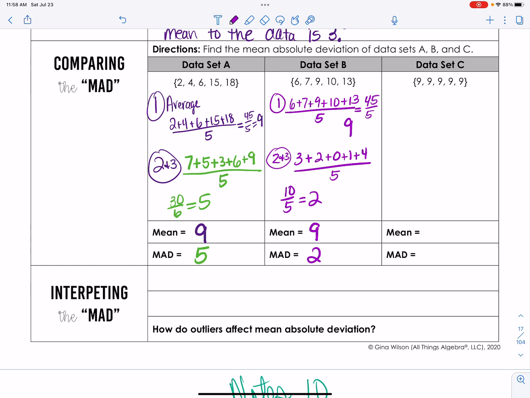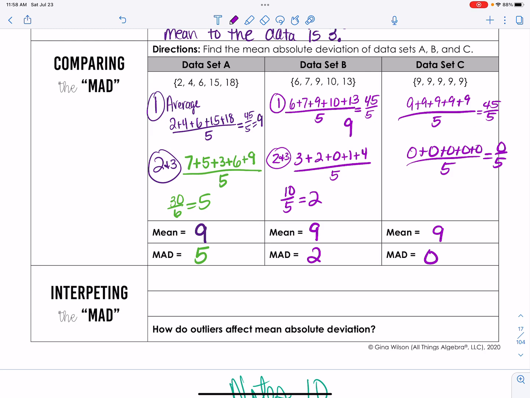So then if I look at the next one, 9 plus 9 plus 9 plus 9 plus 9 divided by 5. That's 45 divided by 5. My mean is 9. Okay, how far away are all of them? All of them are at 9. So your mean average deviation is 0. So your MAD is 0.